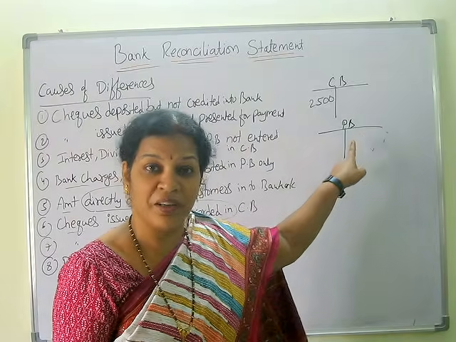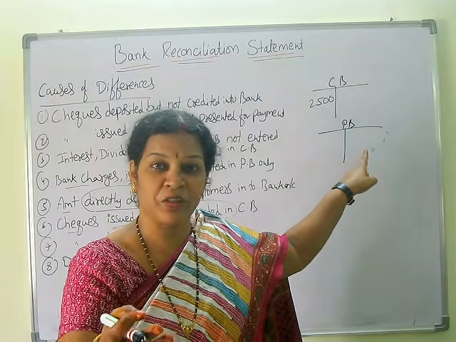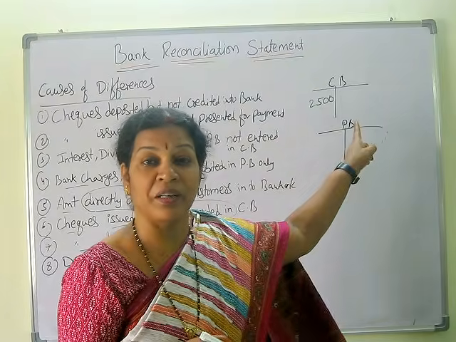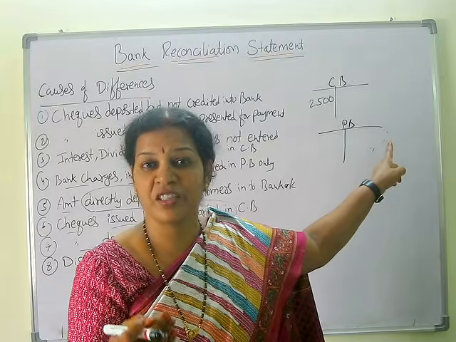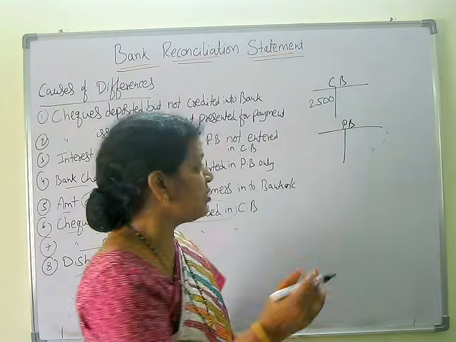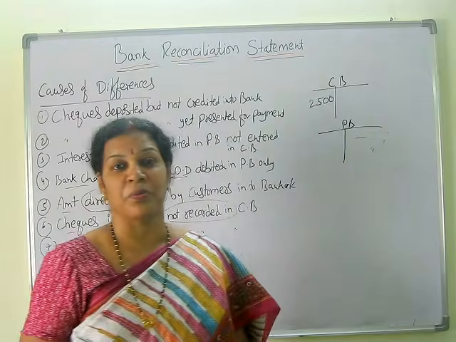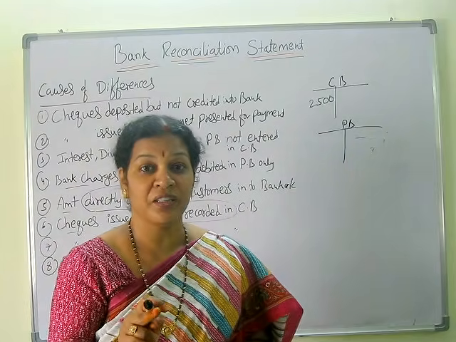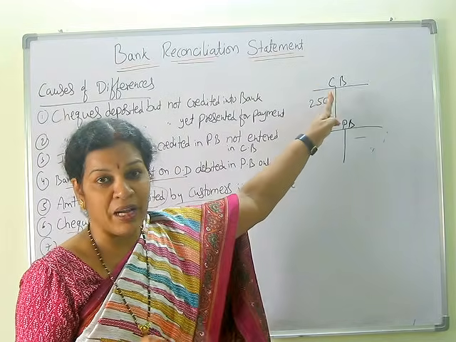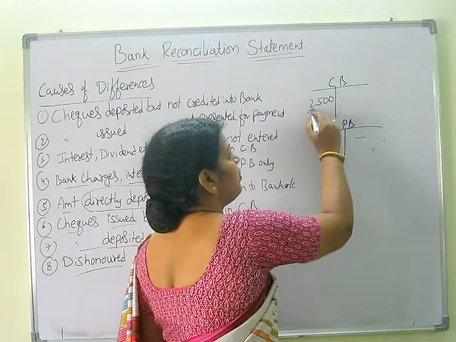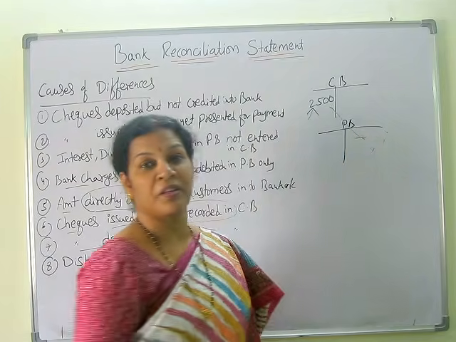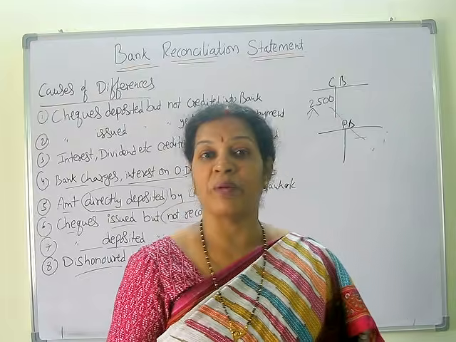Whenever we get a check, we write it as a receipt, and we send it to the bank, assuming that we will get that amount from the bank. So we have written it, but it is not correct. It was rejected by the bank. When it is dishonored, there is no entry in the passbook. Are you getting this? In the cash book we have an entry, so the cash book is more and the passbook has no entry. Both are not matching, so this is also one of the reasons.